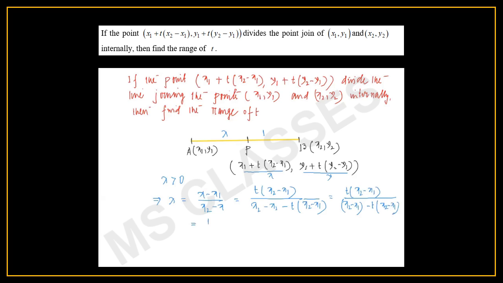Now we take (x2 minus x1) common into (1 minus t). Since the two points are different, x2 minus x1 is nonzero and we cancel it out. We are left with t by (1 minus t), which is minus t by (t minus 1). Now this lambda is greater than 0, so this gives us t by (t minus 1) less than 0. Now we take a number.